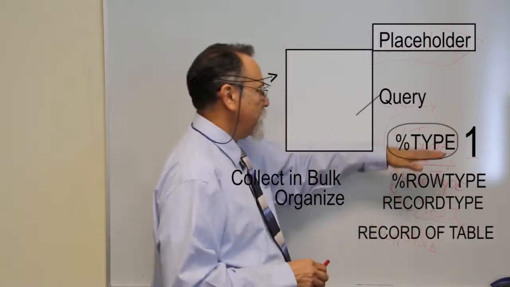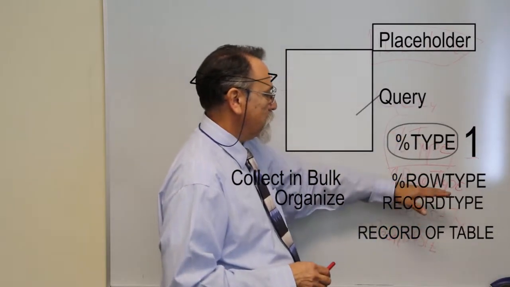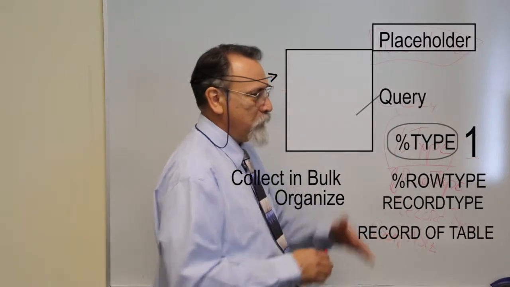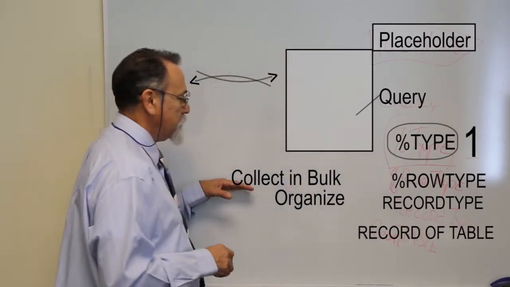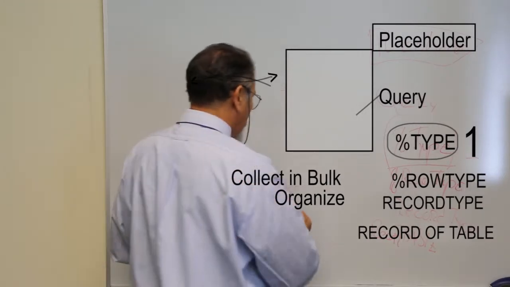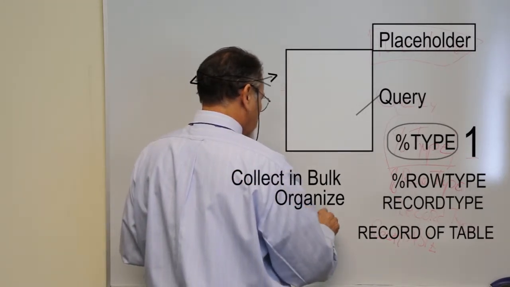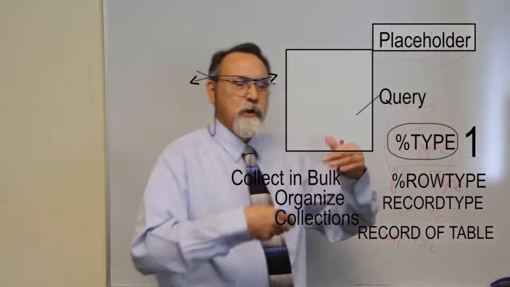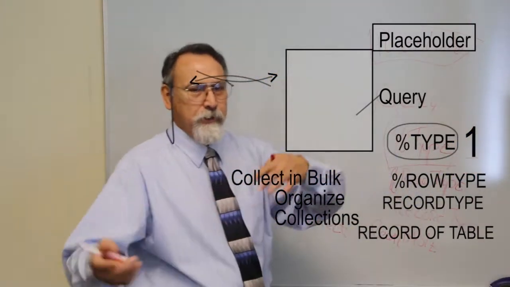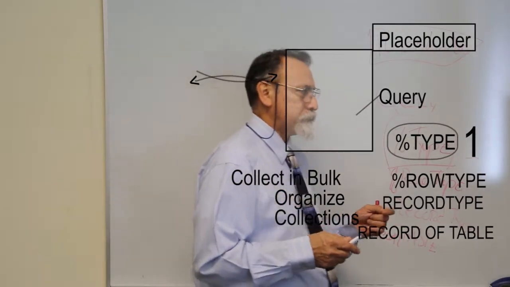So you have one field, one row, one table that you can create. And then once again, you can do this in bulk, and you have to organize it. Now the organization is called collections. That allows you to sort the information as you bring it over to be able to manage it.